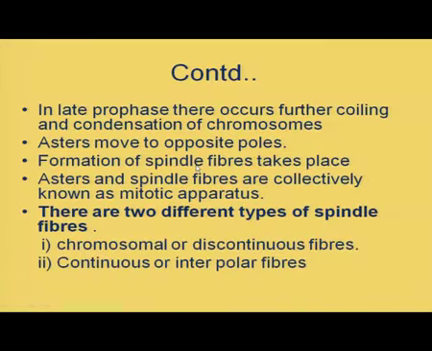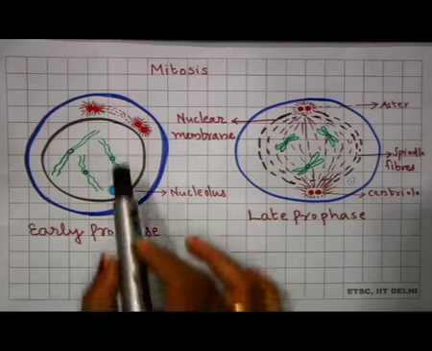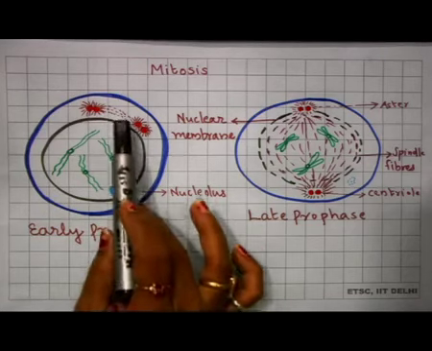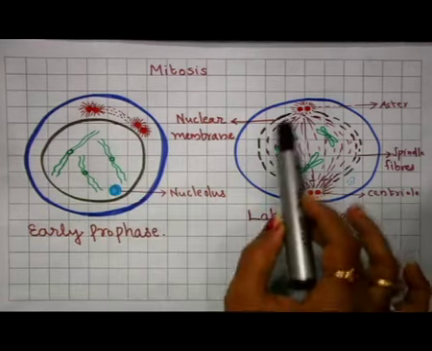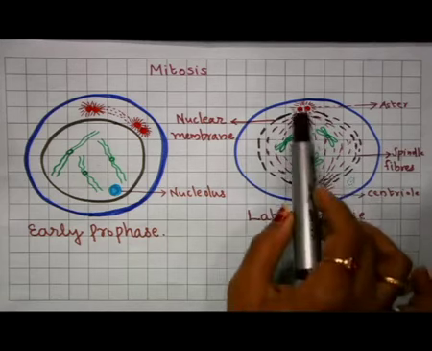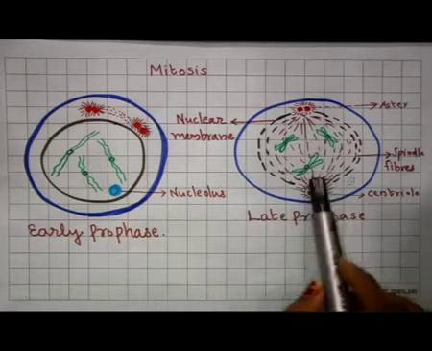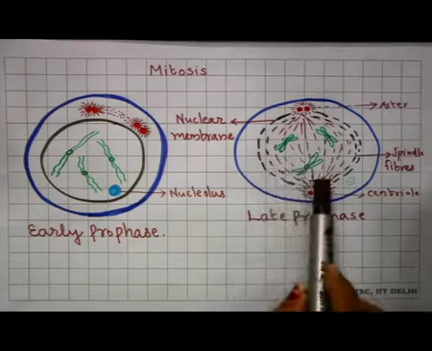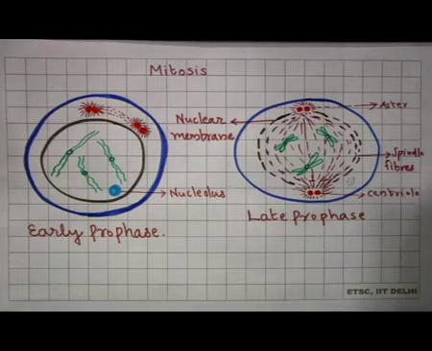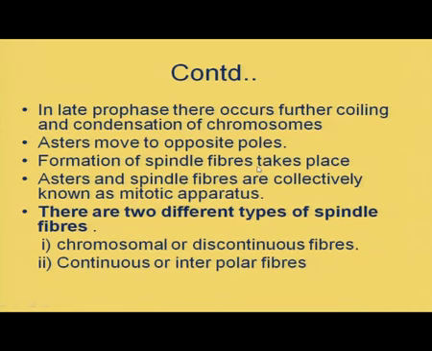Formation of spindle fibers. Again compare these two diagrams. Here formation of spindle fiber starts. Here it is almost completed. You can see the spindle fibers connecting with these chromosomes. So, formation of spindle fibers takes place.